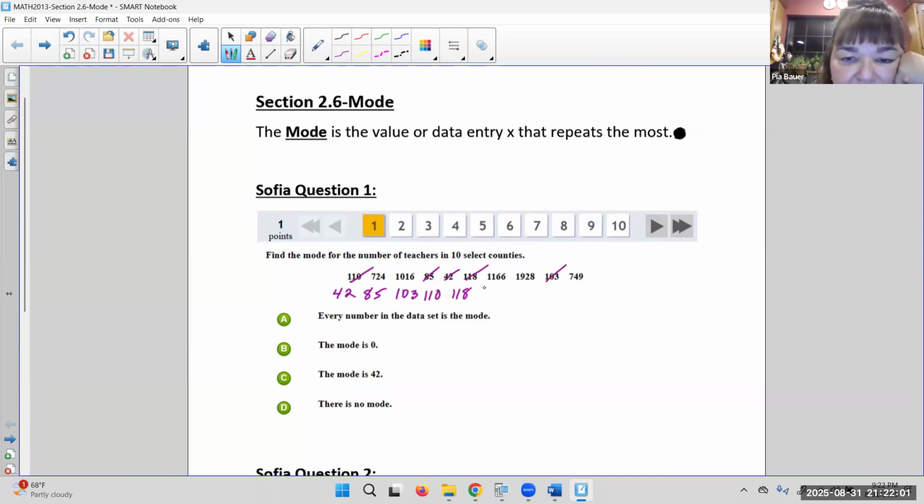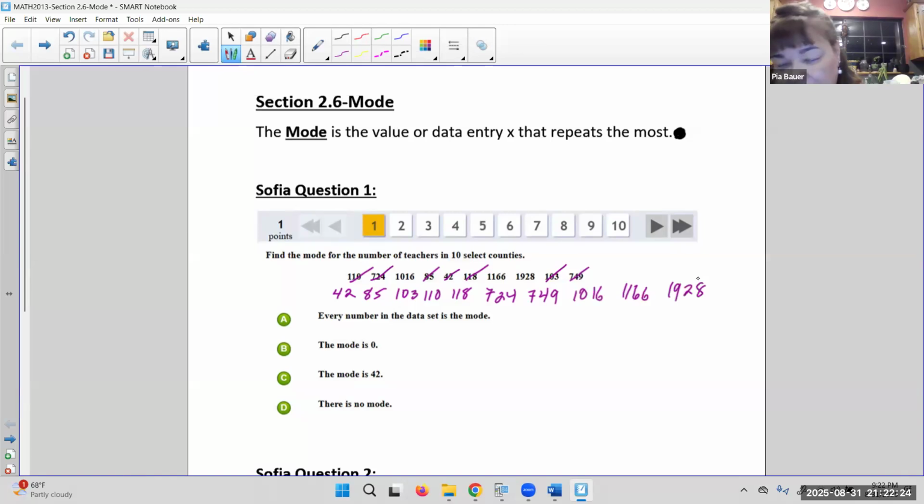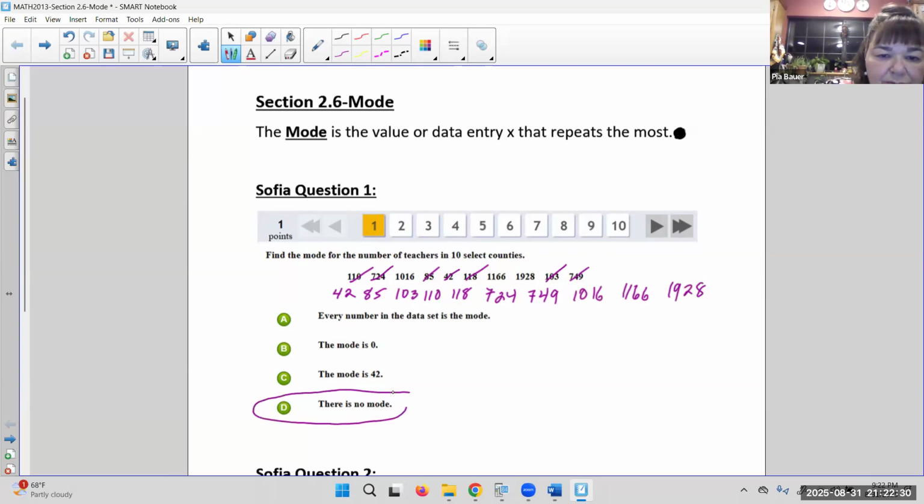And then after that is 724, 749. The next one is 10, 16, 1166, and 1928. And even when I put them in order, I see that none of the entries repeat, so there is no mode.